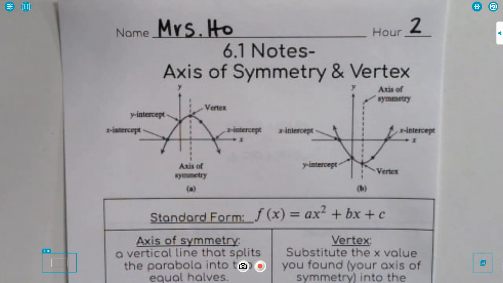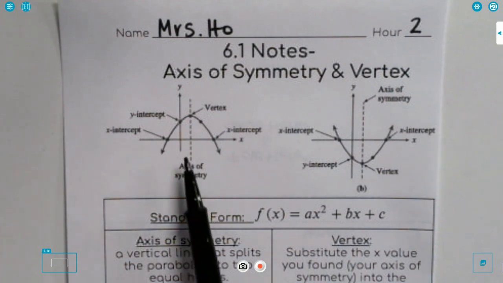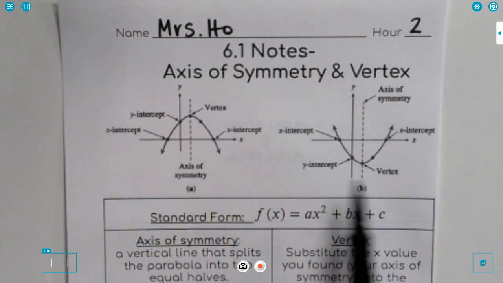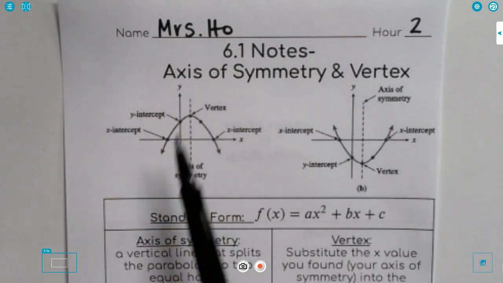Thank you. Okay, today we are finding the axis of symmetry and the vertex of quadratic functions. A quadratic function has a degree of 2. By the end of this unit, we are going to be able to graph these. They're all either going to be U-shaped or an upside down U-shape.